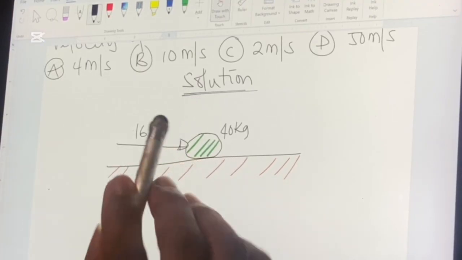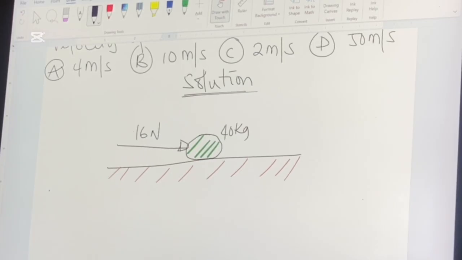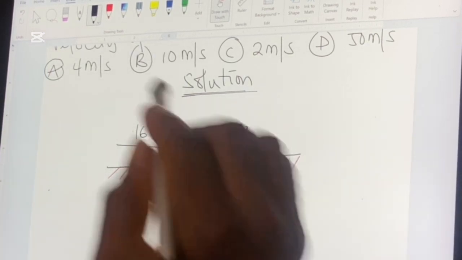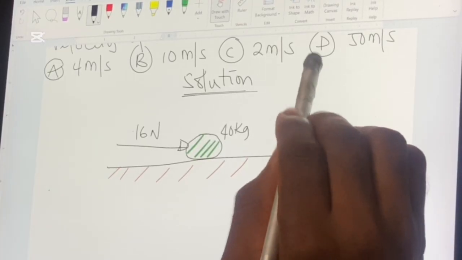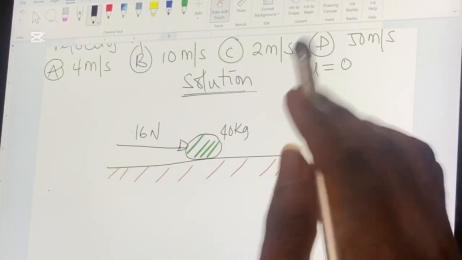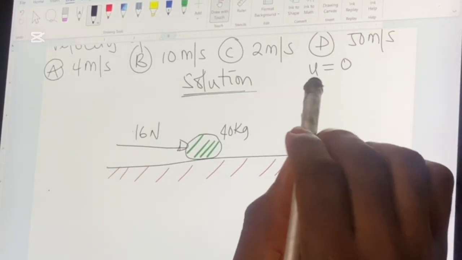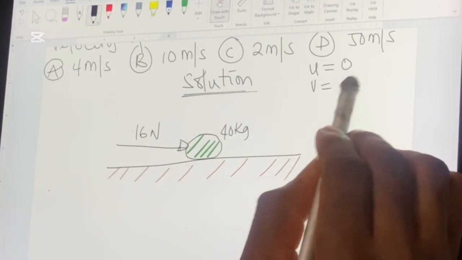Listen to me carefully. There are some statements you should understand in motion. Whenever an object is at rest, it means that U is equal to 0. Whenever an object comes to rest or retards, V is equal to 0.